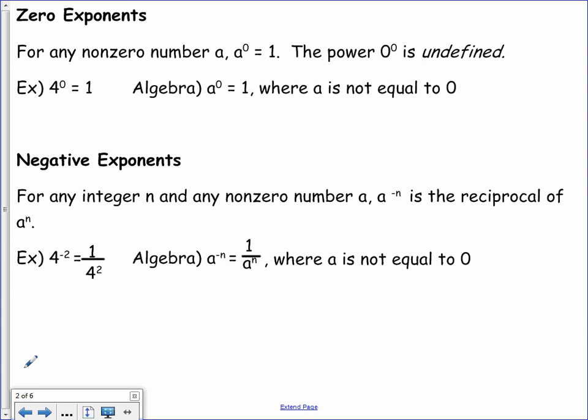So 4 to the negative 2 power is equal to 1 over 4 squared, which equals 1 over 4 times 4, which is 16. So 4 to the negative 2 simplifies to 1 over 16. This is the reason why, because it's the reciprocal of 1 over the number to the positive exponent.